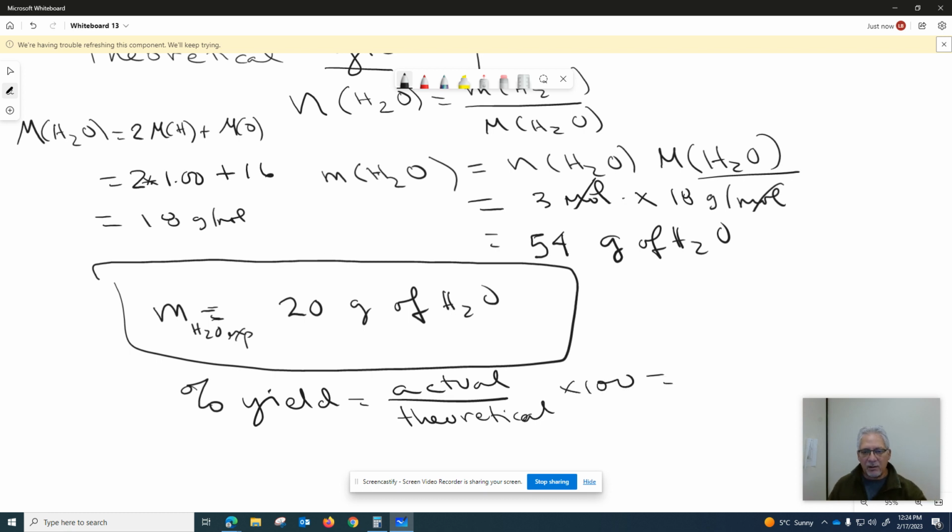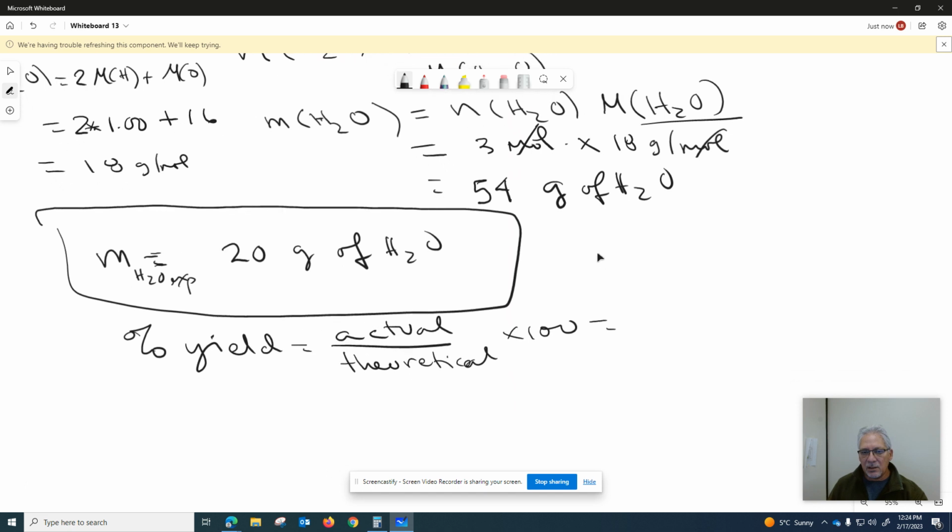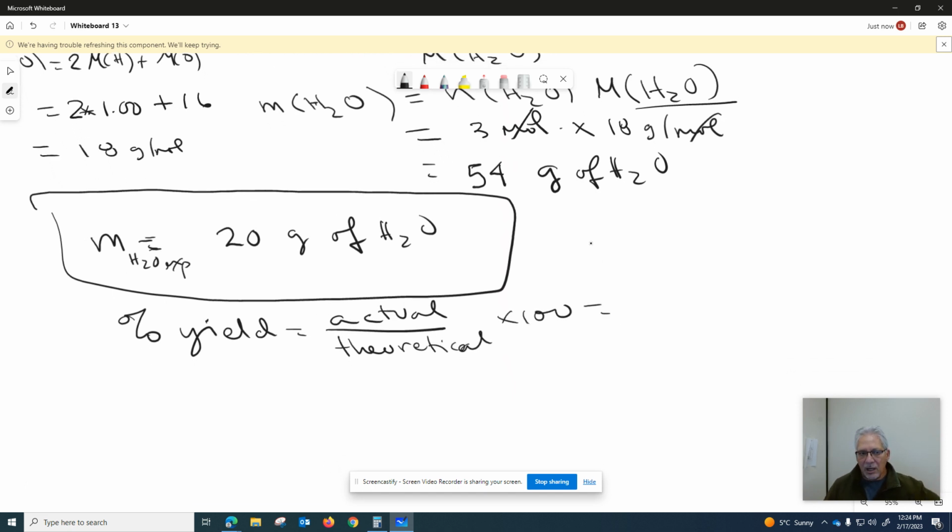Using this formula on the example given to you, experimental equals actual. So 20 gram is your real mass of water that you obtain in your experiment, over the theoretical, which was 54 gram of water. Both are water, okay? Because you obtain water both times, times 100.